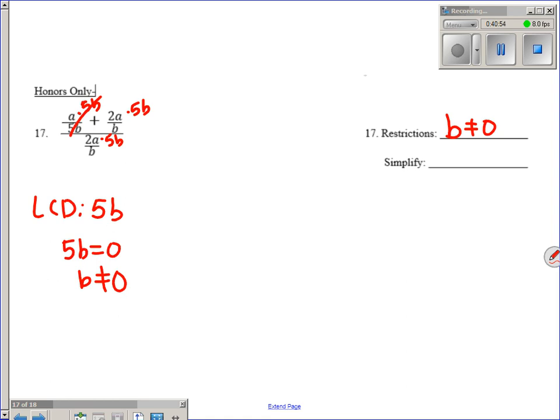Well, in the first one, both the 5b's cancel out. The second one, the b's cancel out. And the last one, the b's cancel out. So we are left with a plus 10a on the top, because 5 times 2a is 10a, divided by 5 times 2a again, so 10a. Now, I know you guys want to see these 10a's canceled out, but we cannot do that because the top is being added together.